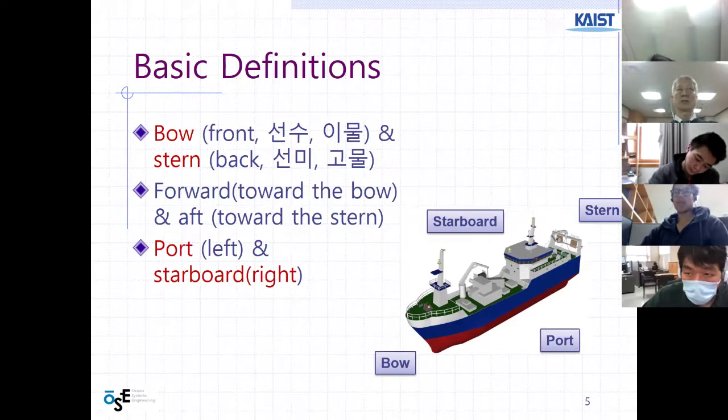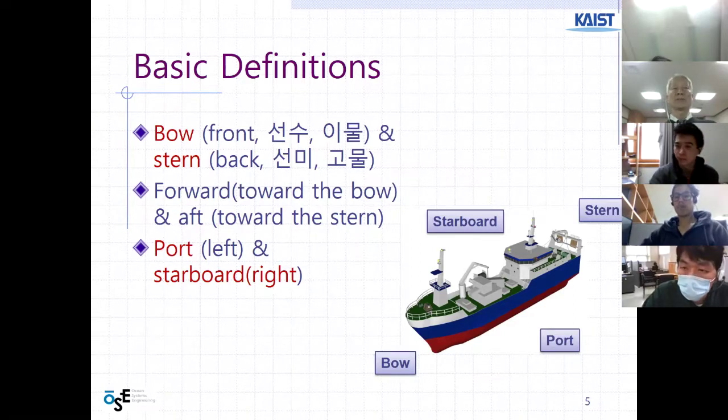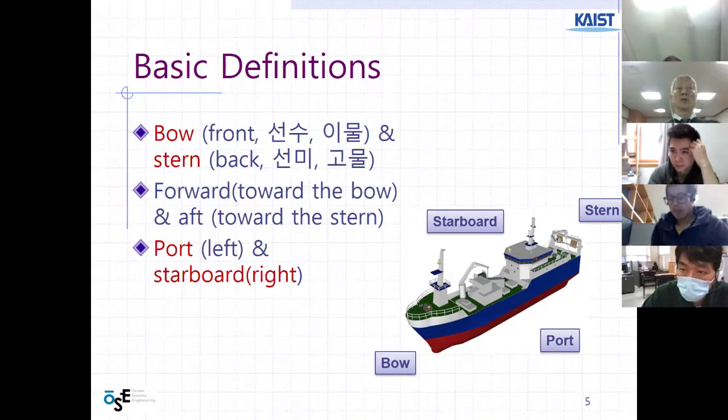More specifically, crude oil is oil coming from the oil reservoir. We call this kind of oil crude oil, and it is transported to, say, Korea, which imports all its oil from outside.